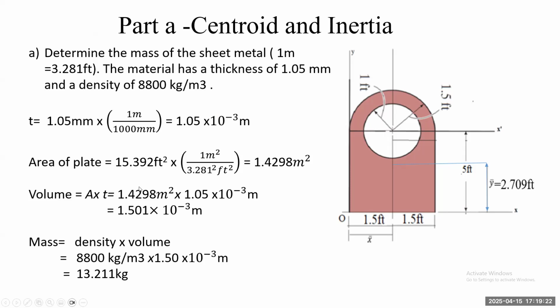And here now, the volume. Remember, volume is what? Area times height, or area times thickness. Area is equal to length times height, or length times width, whatever, times thickness. That equals the volume.